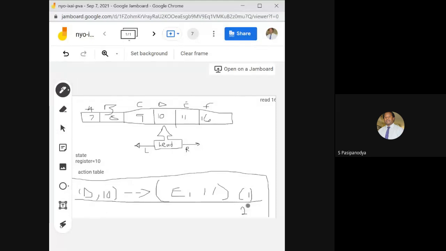The second cycle is going to start at E11, then move on to F16. And the direction is going to be right and right, both cycles. Do you understand?